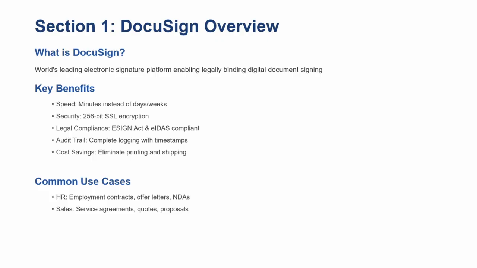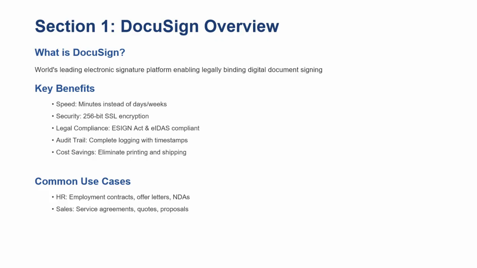The second major benefit is security. DocuSign uses 256-bit SSL encryption and maintains a complete audit trail that records every action along with precise timestamps. So you can clearly see who opened the document, who signed it, and exactly when each step happened.